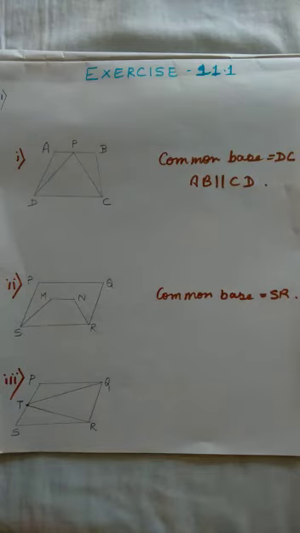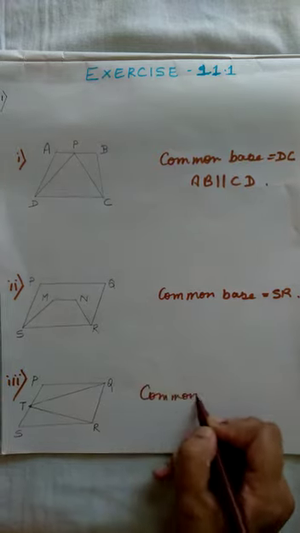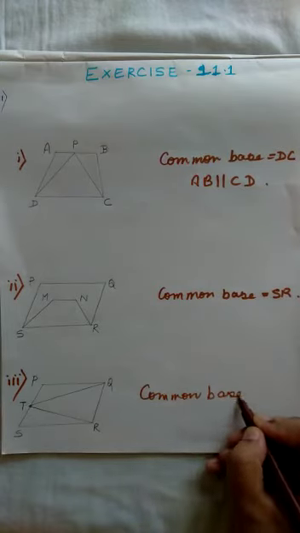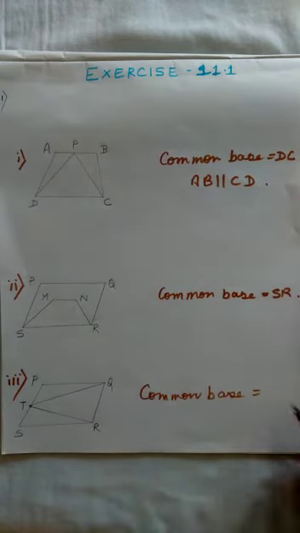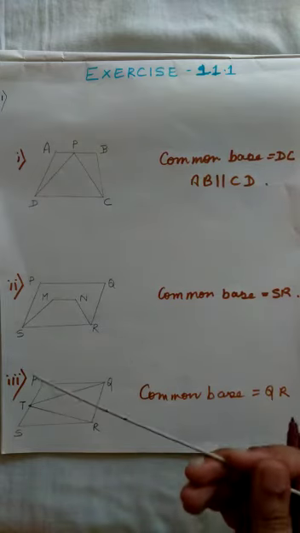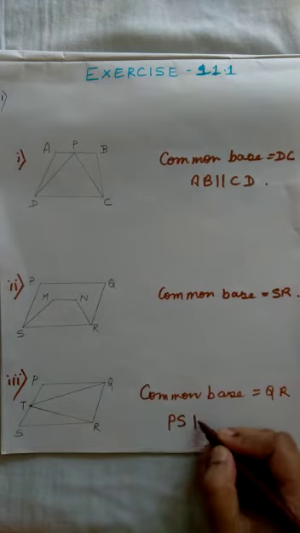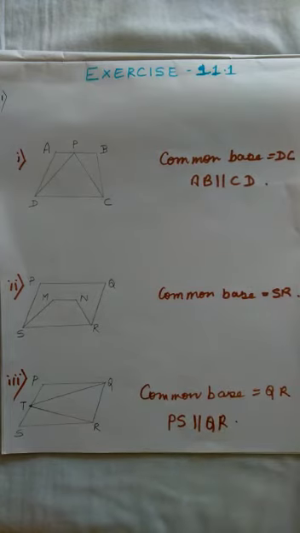Consider the third figure, in which PQRS is a parallelogram and TRQ is a triangle, which have the common base equal to QR, and are between the parallels PS and QR, and can be written as PS parallel to QR.